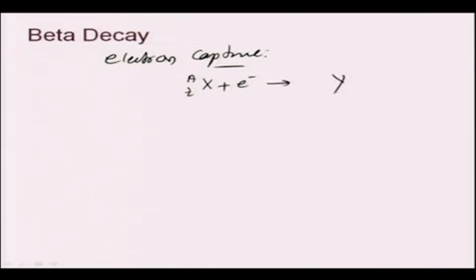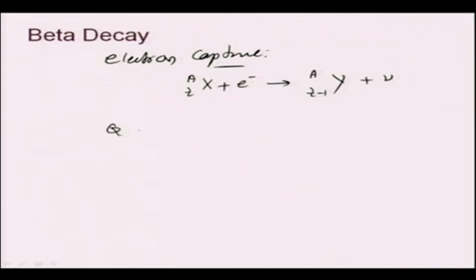Now, the last bit of today's discussion is on electron capture. In electron capture we have, as a nuclear reaction, ZAX plus e minus going to Y (Z minus 1) A plus neutrino.